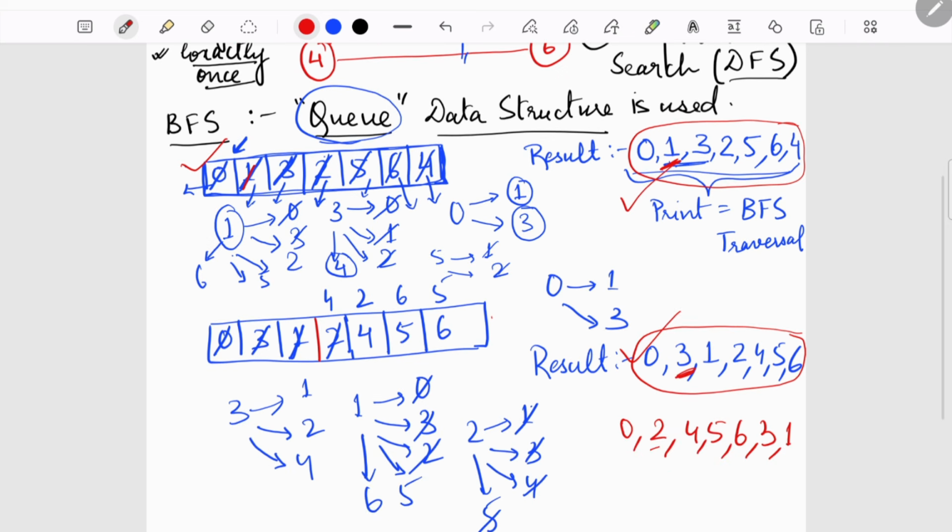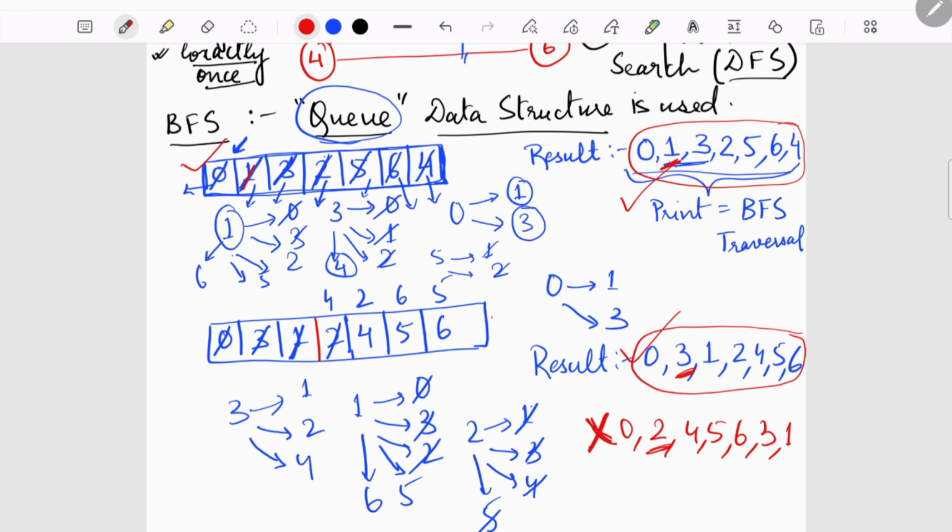It cannot be 2 because 0 is not directly connected to 2. After 0, you are definitely going to visit a node that is adjacent to 0. So this is not a valid BFS. This is an invalid BFS.